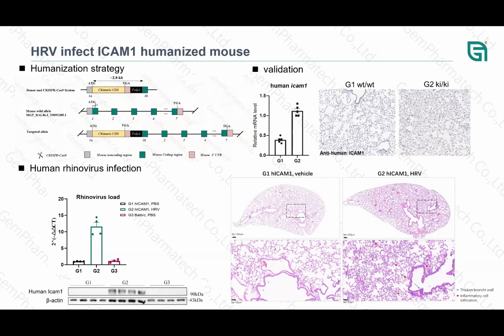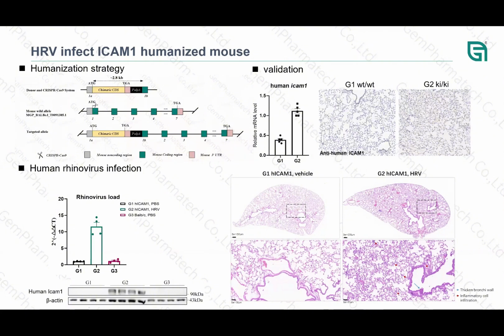To address this issue, we need to use the gene-edited mice where the relevant mouse protein is replaced with its human counterpart. And the example here demonstrates how humanizing the rhinovirus receptor ICAM1 in mice enabled a successful viral infection, overcoming the natural species barrier for this pathogen.